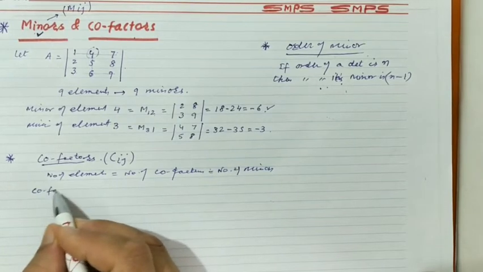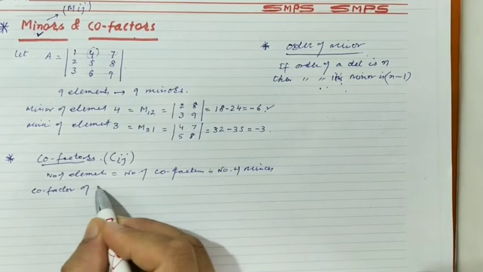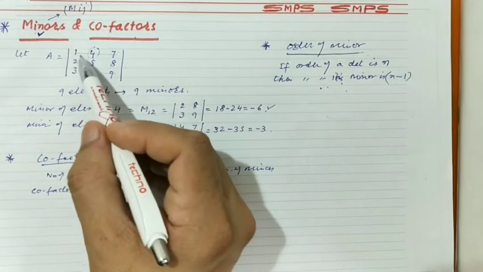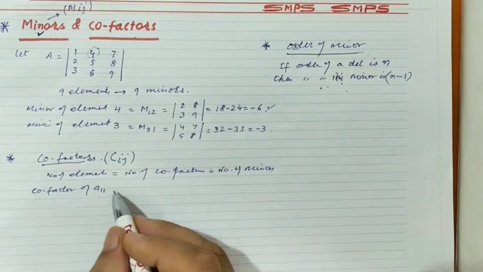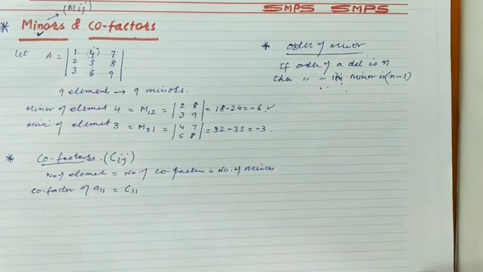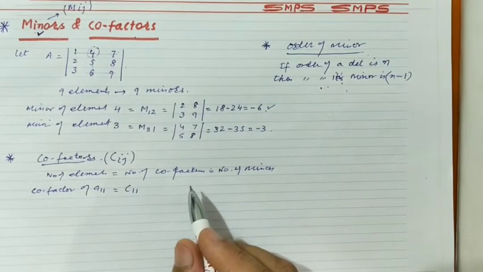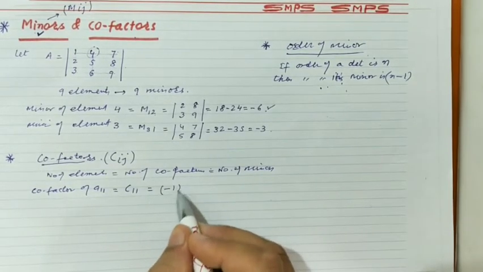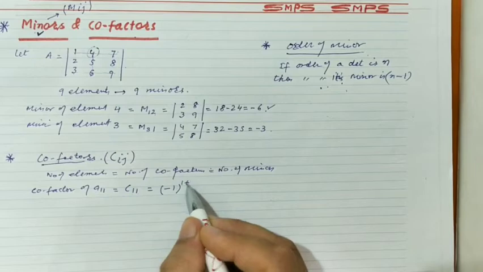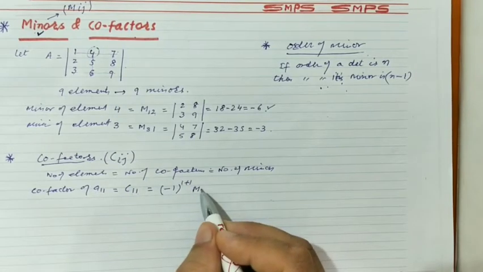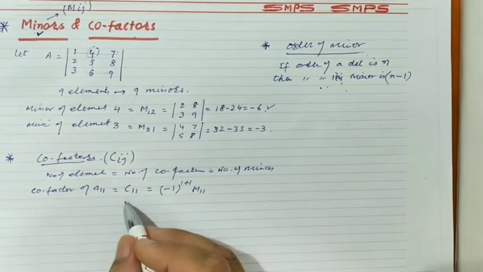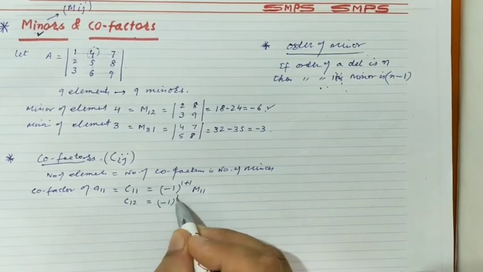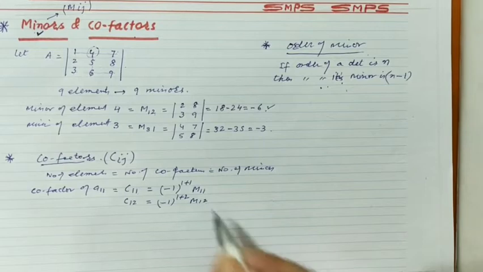If you want the cofactor of A11, in the same example, how to write it? C11 is minus 1 to the power 1 plus 1, M11. Similarly, C12 is minus 1 to the power 1 plus 2, M12.